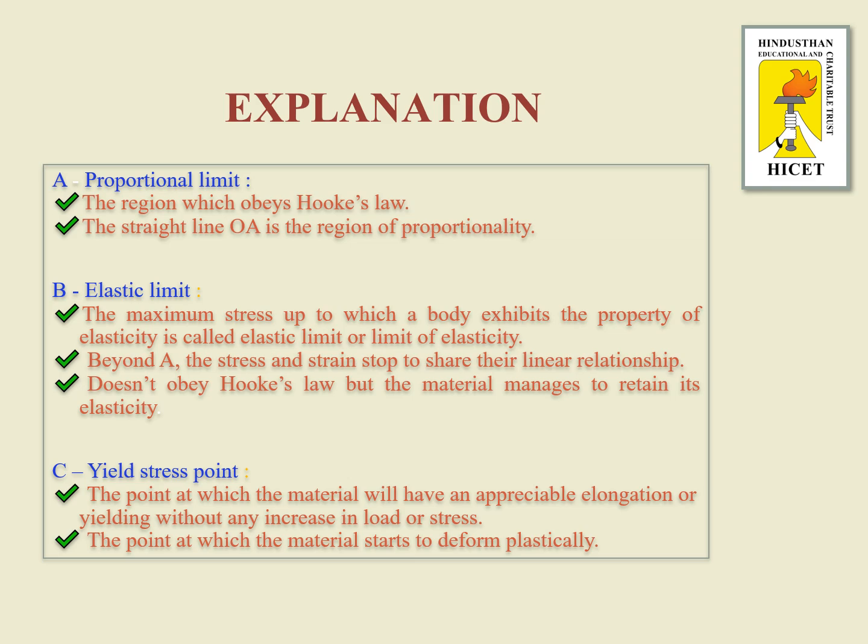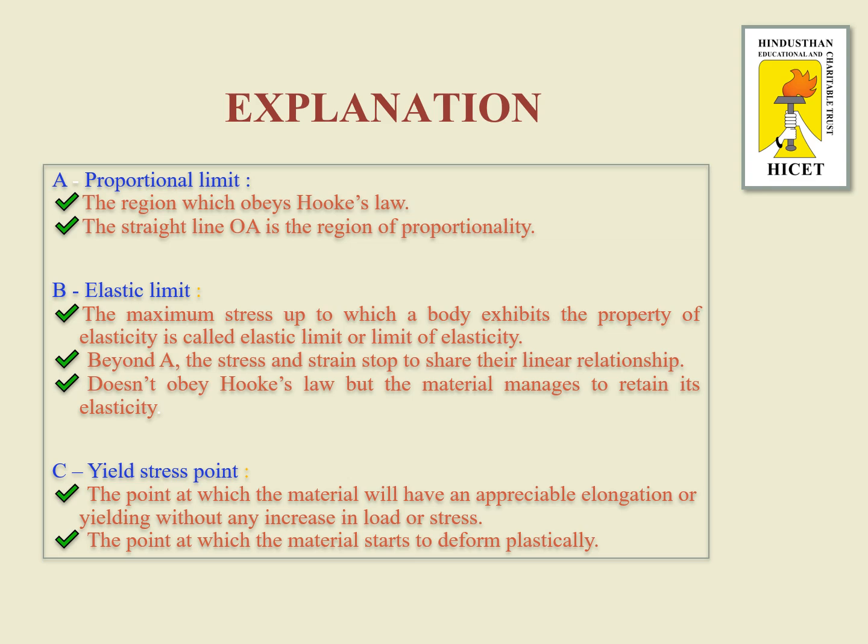Then B is called the elastic limit, that is the maximum stress up to which the body exhibits the property of elasticity, called elastic limit or limit of elasticity. So beyond the point A, the stress and strain stop sharing their linear relationship. That is, the body doesn't obey Hooke's law, but the material manages to retain its elastic property.